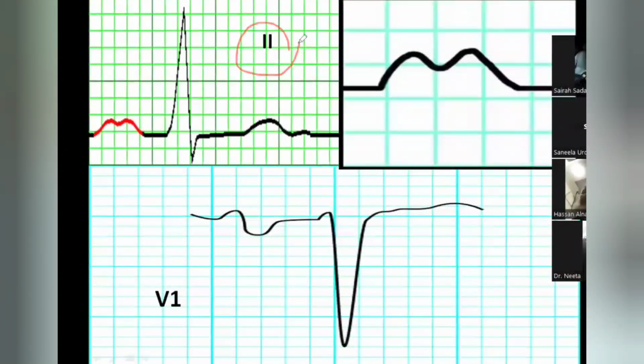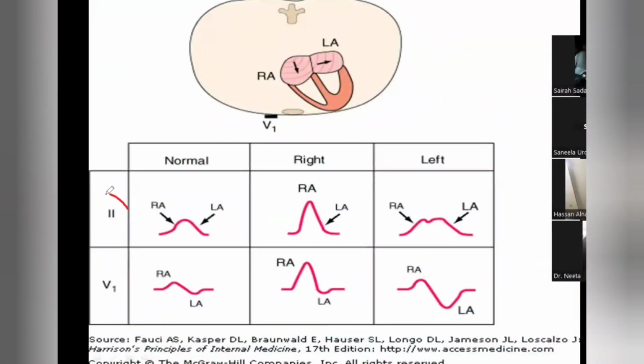If you find that the P wave is abnormal in shape, then look at it in lead V1 and confirm it there. If it's abnormal there, then your suspicion is correct. So look into lead 2, and then confirm the pathology of the P wave in lead V1.